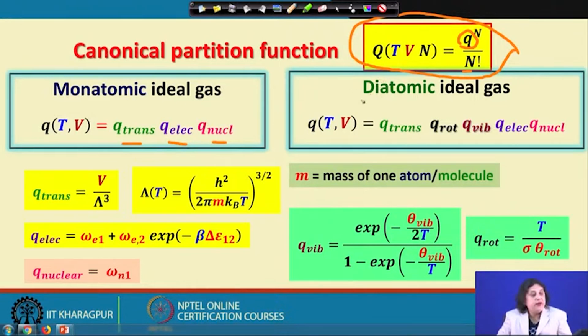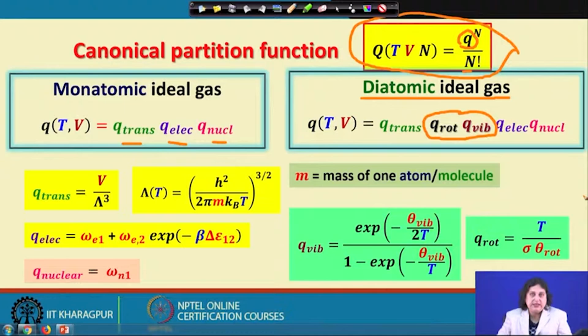Whereas, if you have a diatomic ideal gas, then two additional terms will come into the picture, which are due to the rotation of the molecule about an axis and also the vibration of the chemical bond that is connecting the two atoms that are constituting the molecule of the gas.